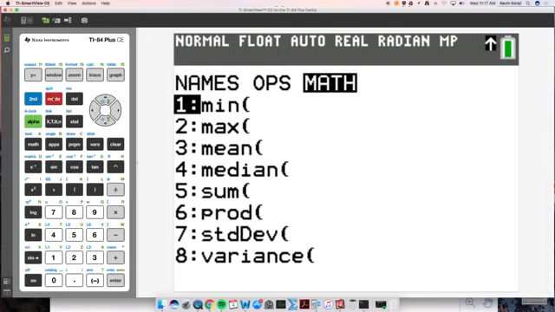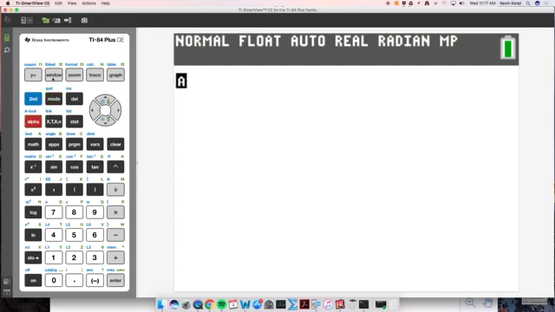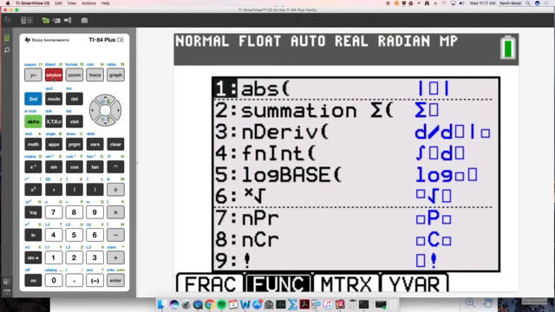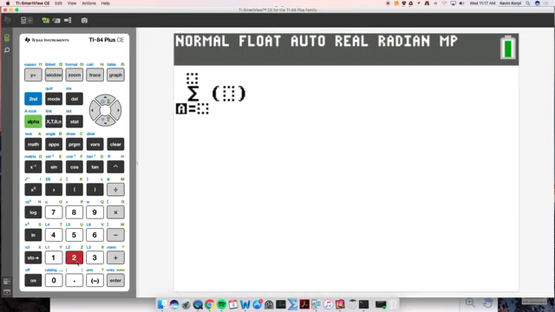But now, with the new MathPrint that everybody has, if you hit alpha window, which activates your F2, you see anything there that might be helpful for us? Number 2, summation. The MathPrint actually has a sigma, and it's written in the format that we want. Oh, beautiful.